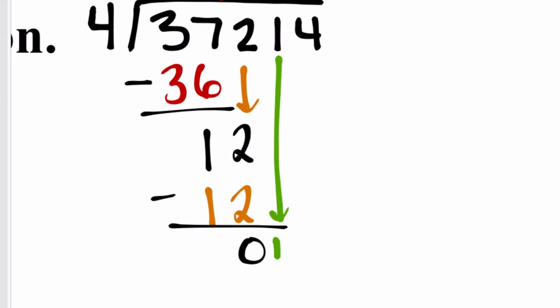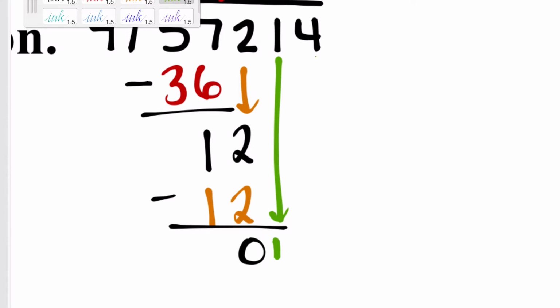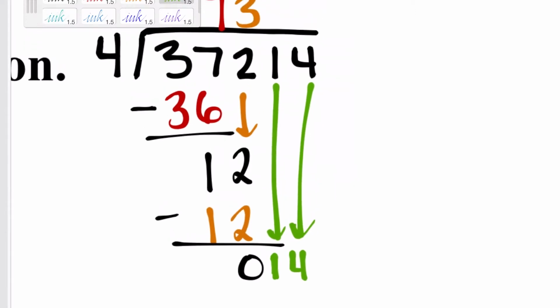I can turn 4 into 1, but it's smaller, so I need something larger. That means I also need to bring down this 4 here. So I'm trying to turn 4 into 14. The closest I can get to that without going over is going to be 12.